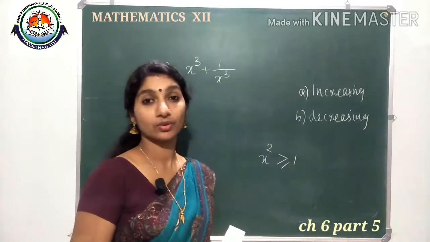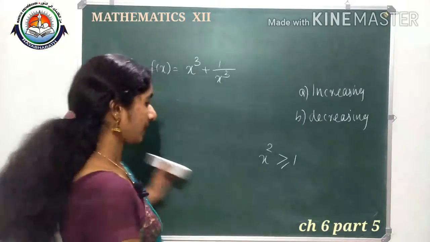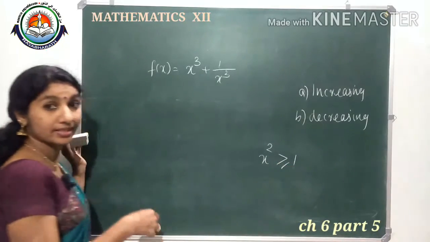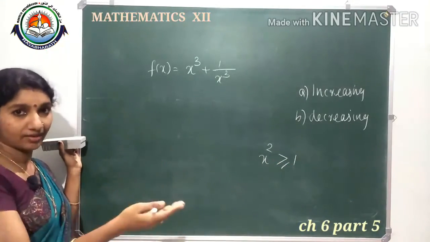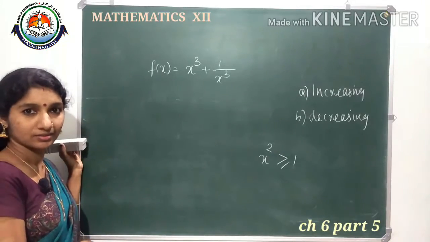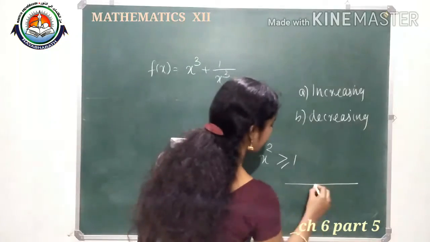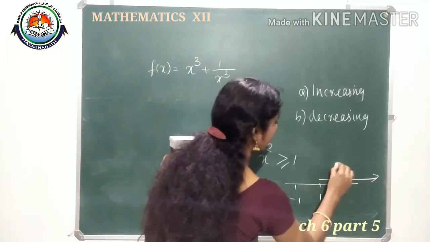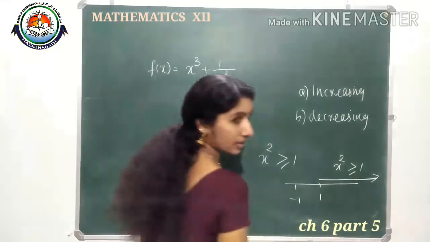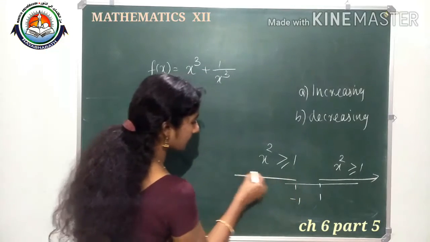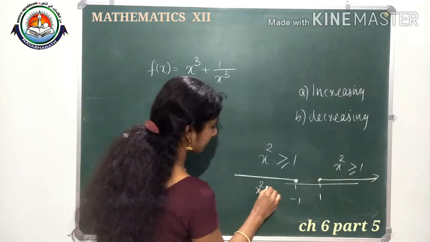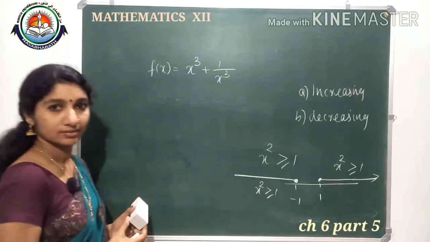X square greater than or equal to 1 means x can be more than 1 or less than minus 1, isn't it? See here, 1 and minus 1. For all these values x square is greater than or equal to 1, and for all these values, including minus 1, x square is also greater than or equal to 1, isn't it?